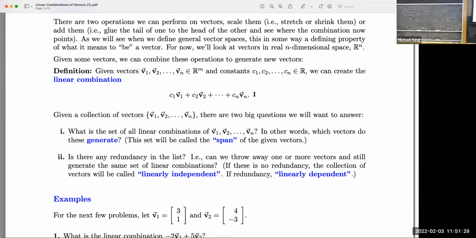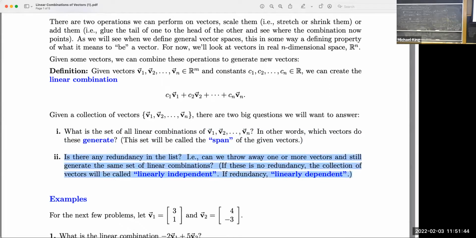We're going to ask this question about bullet point 1 here, about what they generate. And we're also going to ask whether there is redundancy. If I gave you 3 vectors in the plane, you could probably throw one of them away. If I gave you i and j and v and said write some other vector in terms of those, do you really need v?